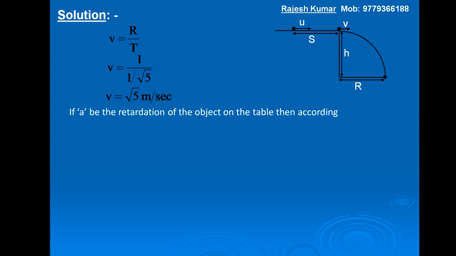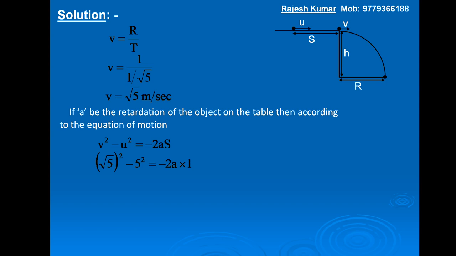If a be the retardation of the object on the table, then according to the equation of motion, v square minus u square is equal to minus 2as. Here v is root 5 whole square minus u is 5, so minus 5 square is equal to minus 2a into 1.